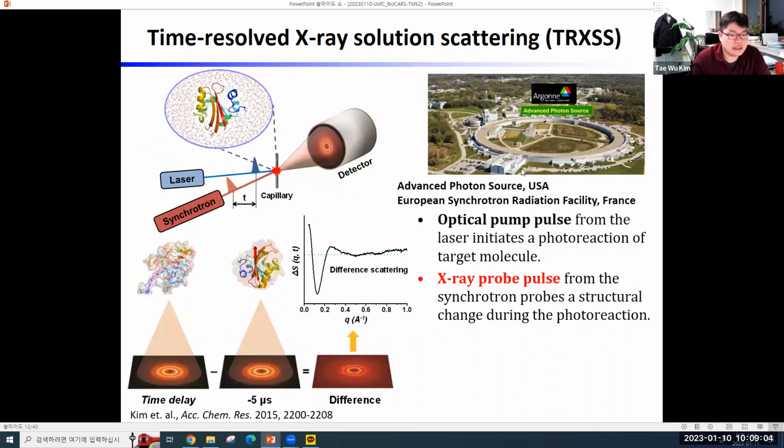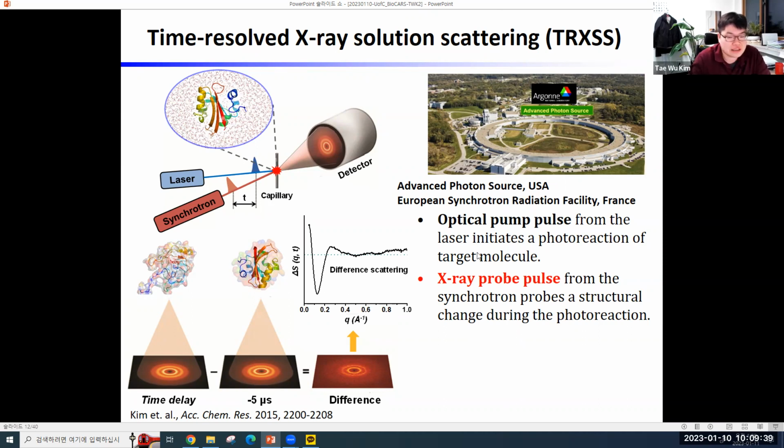This X-ray scattering measurement can be combined with a time-resolved experimental manner, so we call this measurement time-resolved X-ray solution scattering, which I will simply call TRXSS. Time-resolved scattering is based on the pump-probe geometry. In this experiment, the optical pump can initiate the photoreaction of the target molecule, in our case the protein.